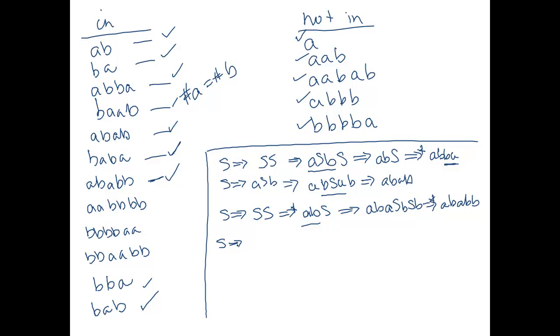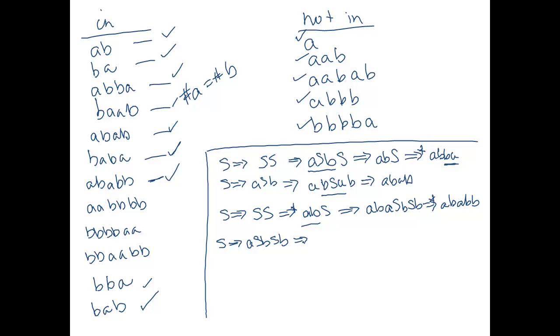So how about we use the rule that basically creates ABB, and let's do that twice. So let's take S to ASBSB. Okay, and now what I really need is AABBBB. So I need another ABB inside.